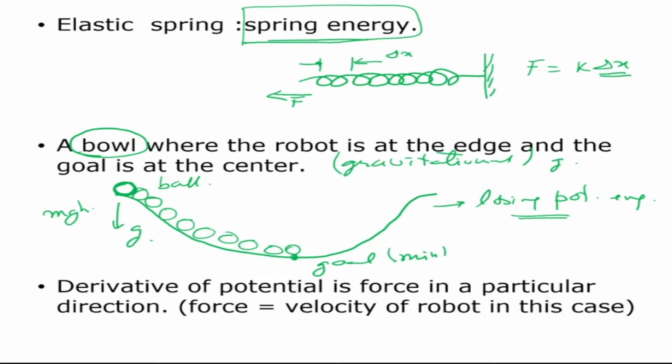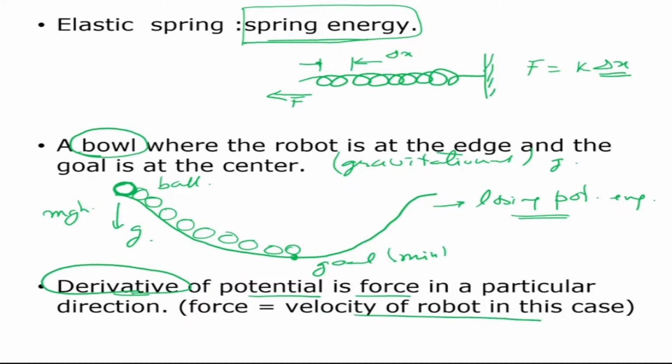So the derivative of potential is force. Now, potential energy we can talk about in terms of electrical potential, magnetic potential, or gravitational potential. Now the derivative of potential is force in a particular direction. So this is something to remember here, that the derivative of potential is force in a particular direction, and we can take the force as velocity of the robot in this case.